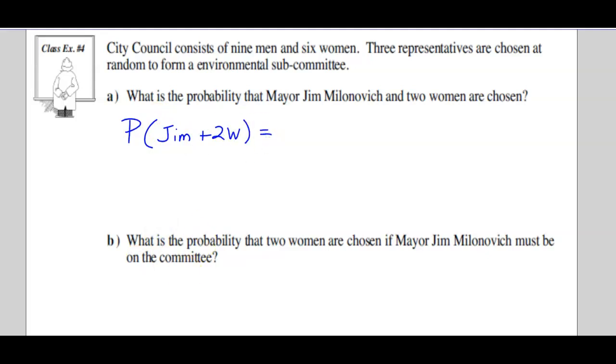Okay, so there's just one Mayor Jim. There's not going to be more than one Mayor Jim. Okay, same person. So 1, choose 1. And then 6, choose 2. There's 3 people in the group. In total, 9 plus 6 is 15. Choose 3. You can figure that out. I'm going to leave it just in combination notation. Okay.